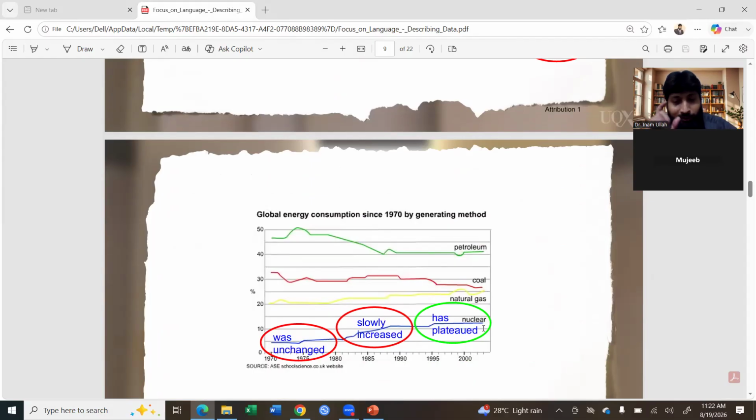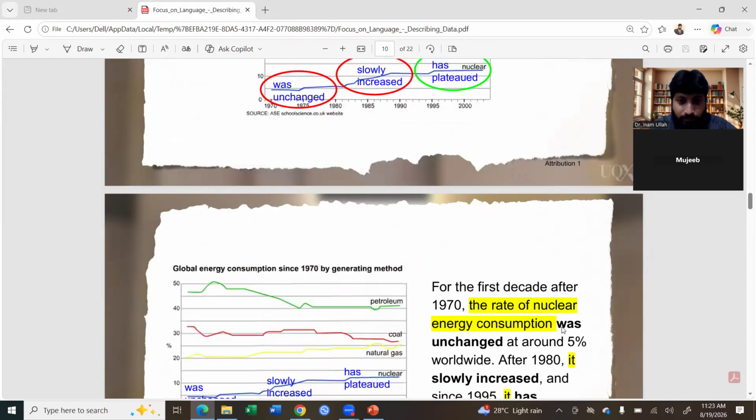But if you are using the same word as when you say that nuclear energy production reached its peak, again, the examiner will feel that your lexical range is limited. So when you have used the word plateaued, you are showing off that you have more words than one, right? You can narrate the same idea in many other ways. Is it clear? Yes, sir.